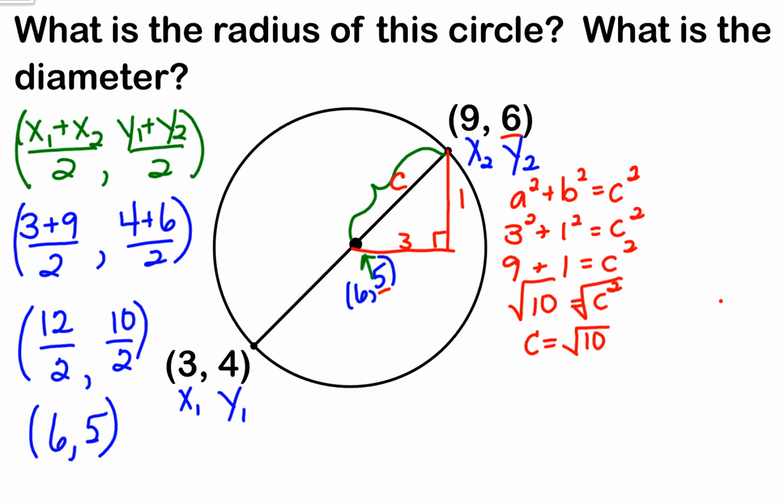And so that's my radius. So if I wanted my diameter, the radius is equal to radical 10. My diameter would just be 2 times that value, 2 times radical 10. And I could just say 2 radical 10 if I wanted to.